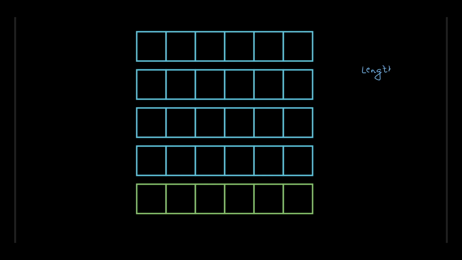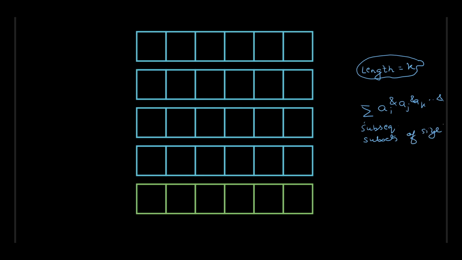Or let's say, what if you want to compute in general the bitwise AND of AI, AJ, AK and so on, over all subsequences, which is basically equivalent to all subsets of size k? You can see that you can still treat each of the bits independently. Then you wonder how much bit position 0 will contribute.